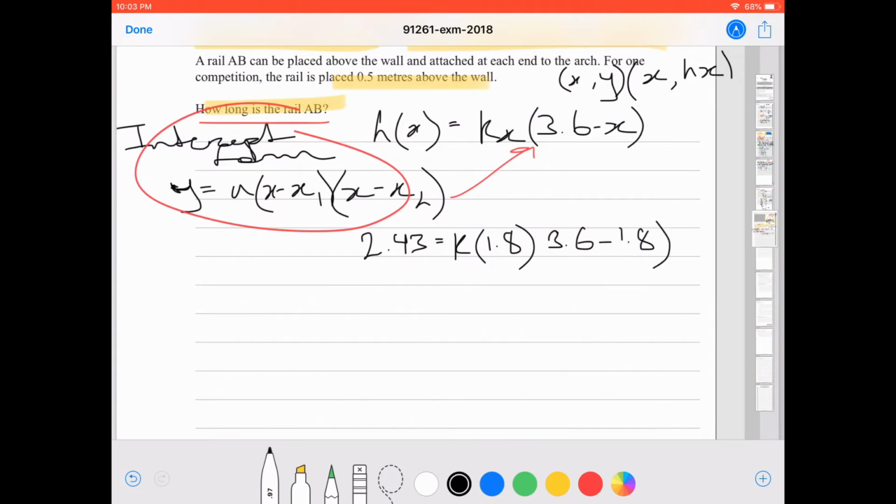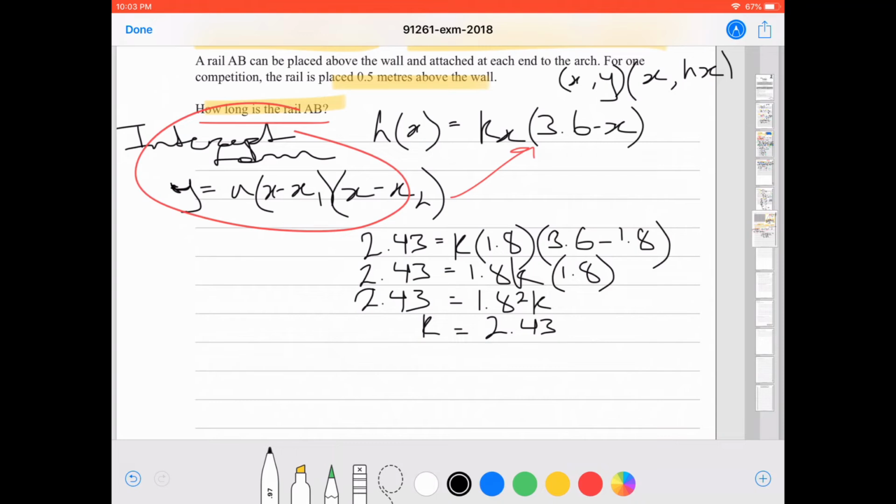And so here we can solve for k. We could say 2.43 equals 1.8k, and inside this last bracket, well, we know 3.6 minus 1.8 is 1.8 again, multiplied by 1.8. Okay, we're getting there. 2.43 equals 1.8 squared k, and therefore k equals 2.43 over 1.8 squared, and we can calculate that.